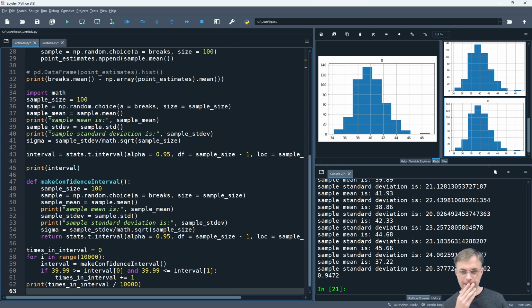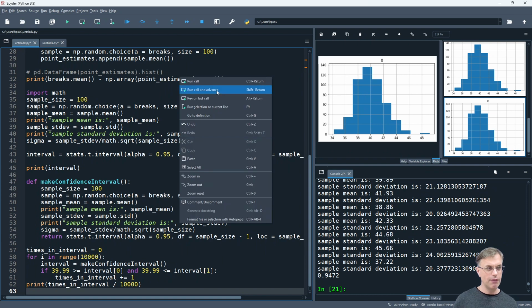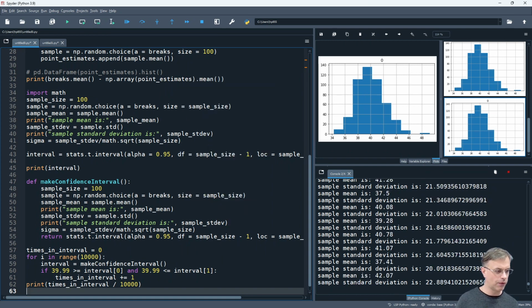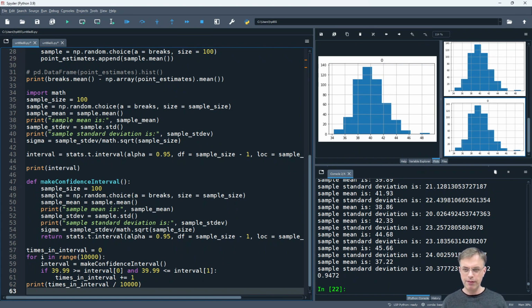Okay, and what we get is 94.72, even better than in the book it's described.